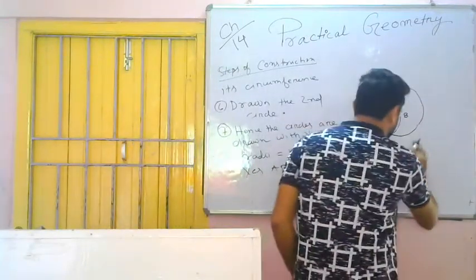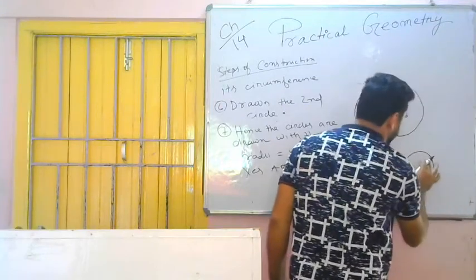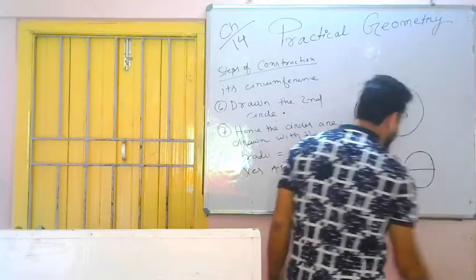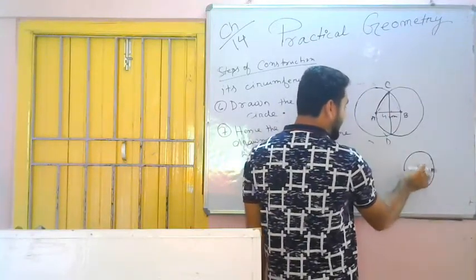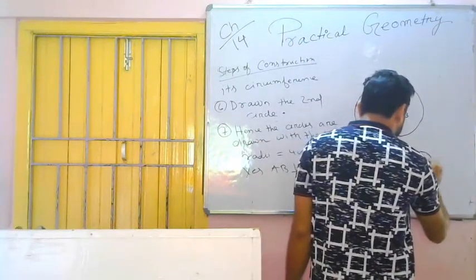Suppose this is a circle. If I divide this one, then this will be the diameter and it will be divided into 2 parts. Then divide like this.